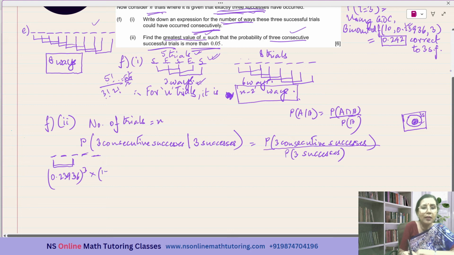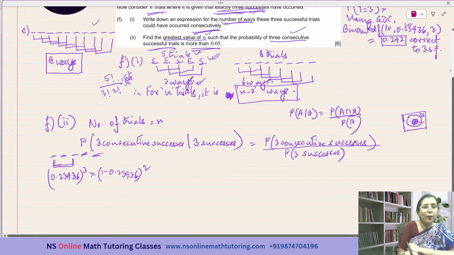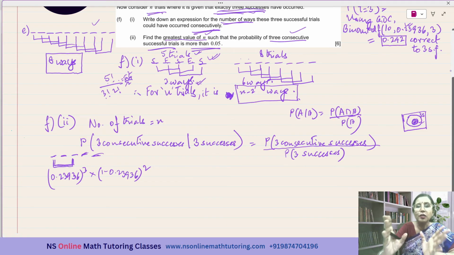That means 1 minus 0.23936 times 1 minus 0.23936. So times by 2, not to the power of 2. Okay. So this is one condition when we are having these first three trials as the 3 consecutive successes.